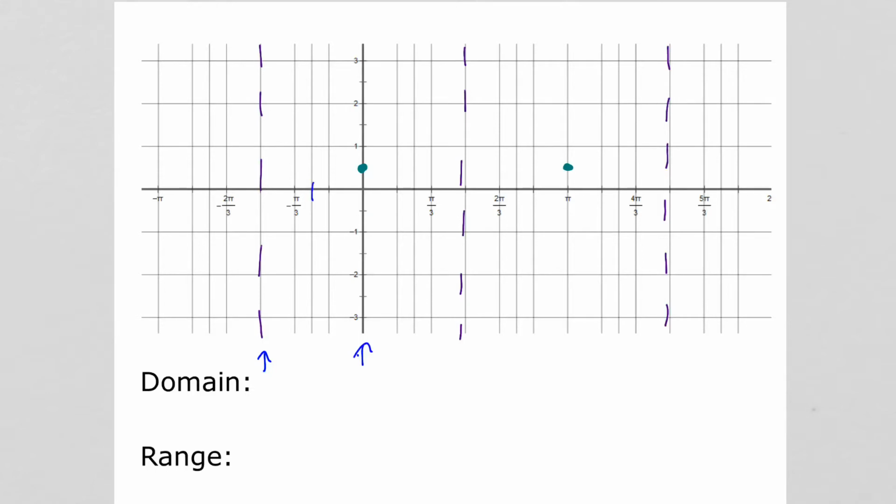So it'll be at negative pi over 4. Now normally with tangent, it would be at negative pi over 4, negative 1. But because we've moved up a half a unit, it's at negative pi over 4, negative 1/2.